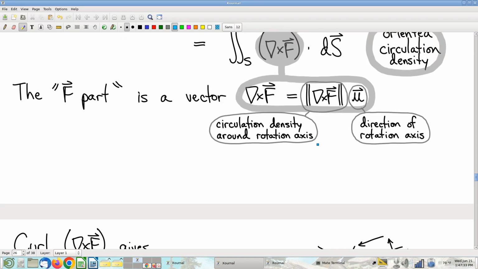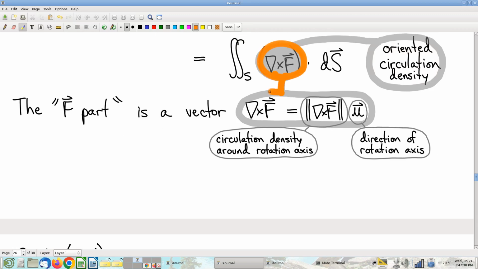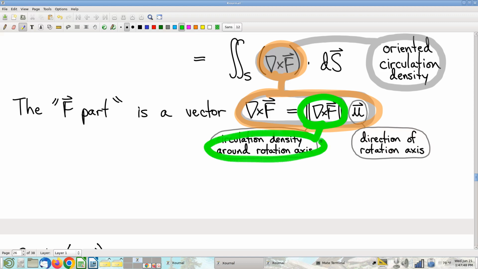Well, likewise, curl. This weird quantity curl. Also, its magnitude and direction tell you specific things. So the magnitude of the curl tells you how much the fluid is rotating. Are we talking about a really strong vortex, tornado, whirlpool of fluid, or is it a gentle, slow rotation of the fluid?